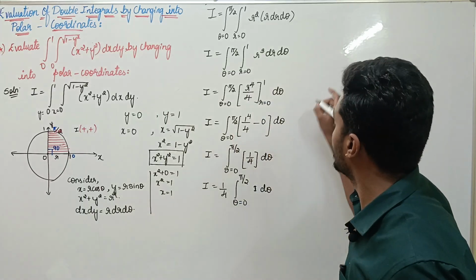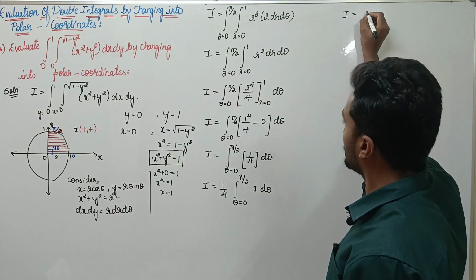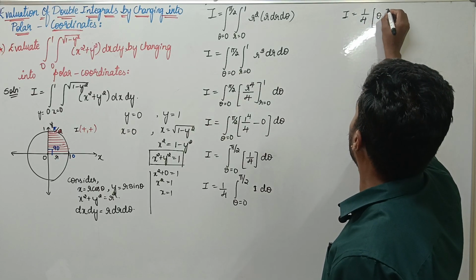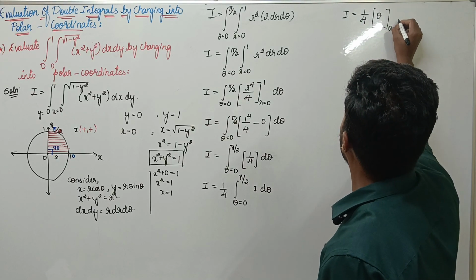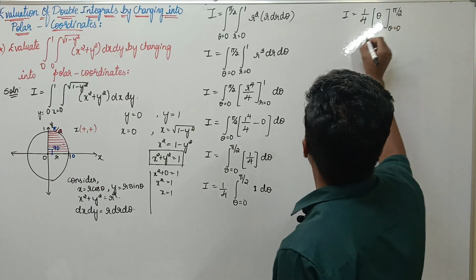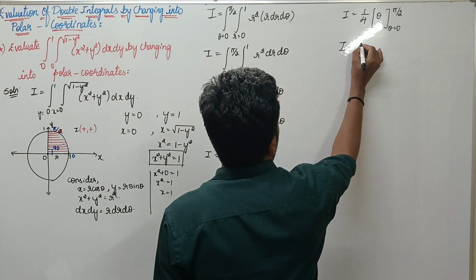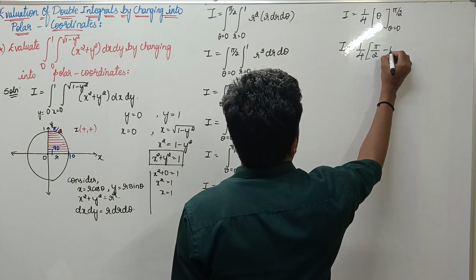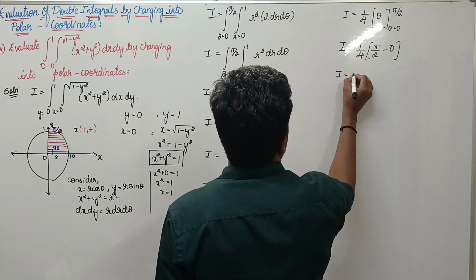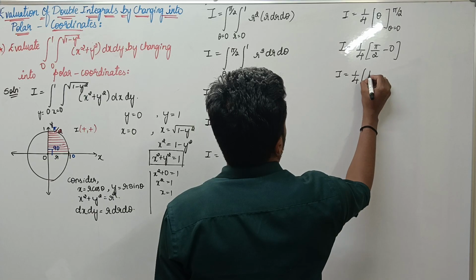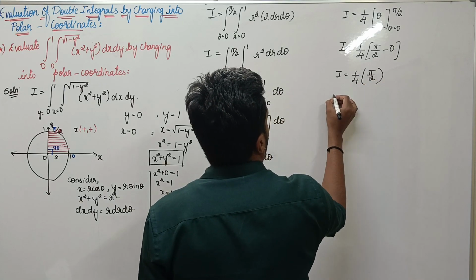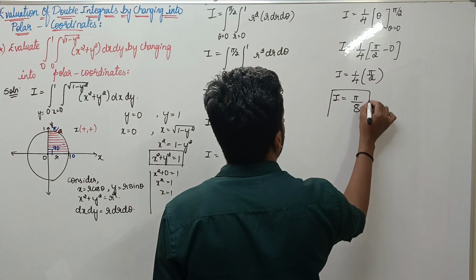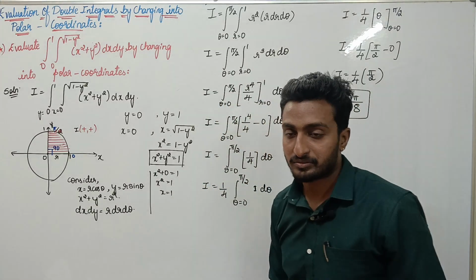Integration of 1 with respect to d theta gives theta. So I is equal to 1 by 4 into theta varying from 0 to pi by 2, that is 1 by 4 into pi by 2 minus 0, which is 1 by 4 into pi by 2, where 1 into pi over 4 twos are 8. This is the required solution.